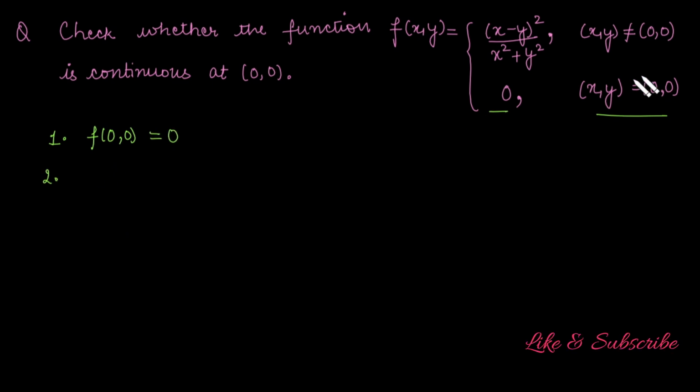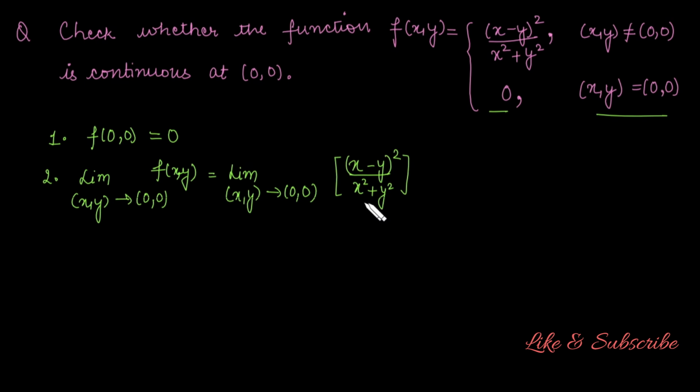Second is we need to find the limit of this function as function approaches to 0. It means we need to find the limit of this function at origin. For that, if we substitute direct value of x as 0 and y is equal to 0, we are getting an indeterminate form 0 by 0. It means we need to choose some another way.